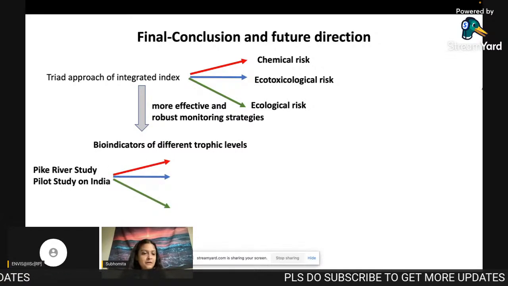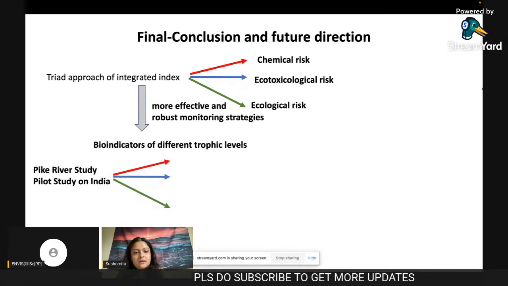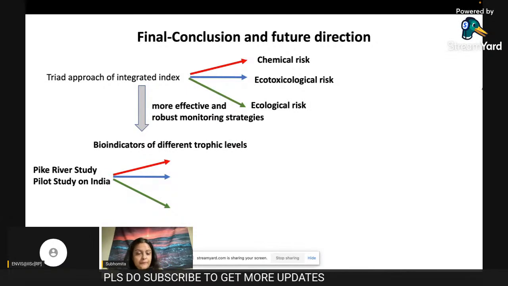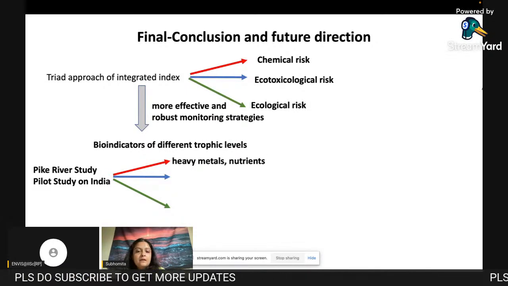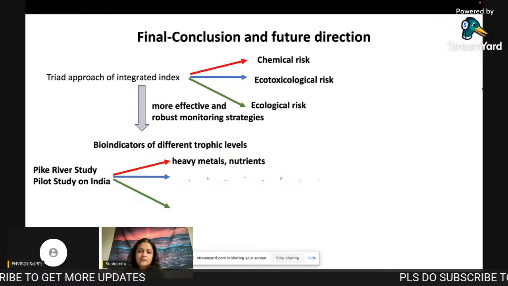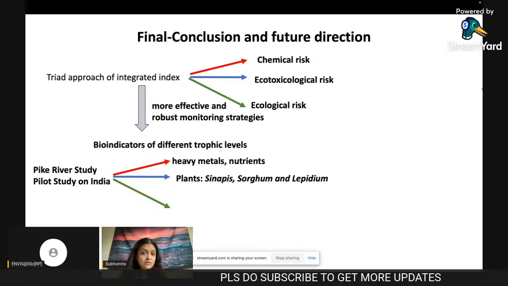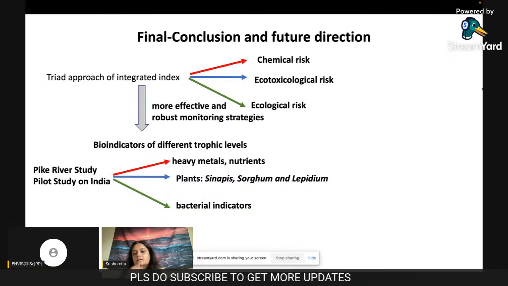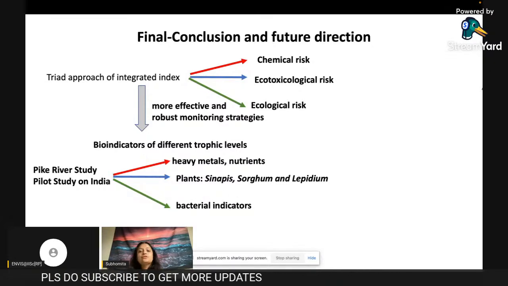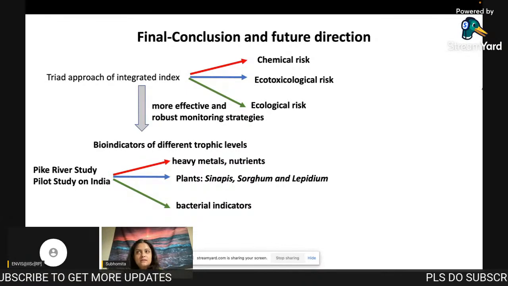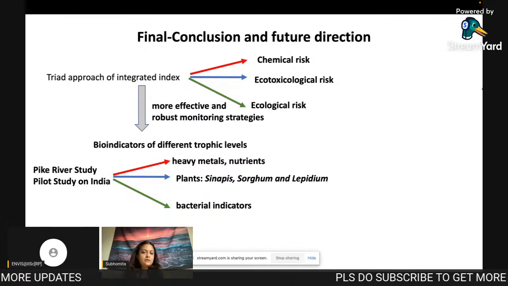We have done that particularly in Pike River and to some extent in the India study as well. We studied heavy metals and nutrients, which tell a story about the chemical risk. We used some plant bioindicators, which tell us about the ecotoxicological risk, and some bacterial indicators, which tell us about the ecological risk, the story directly out of the ecosystem.